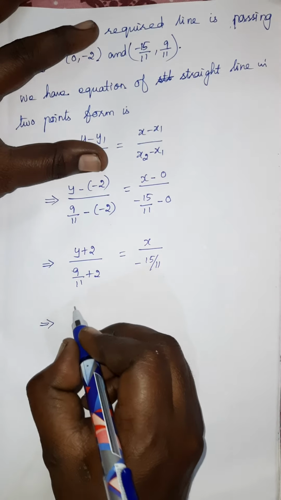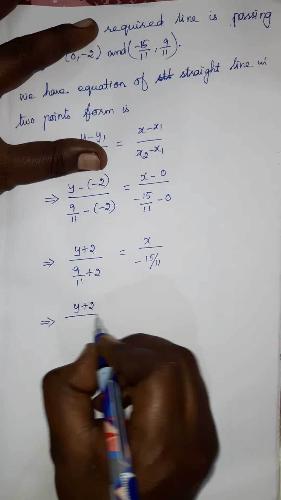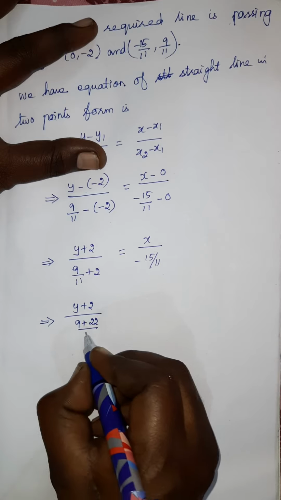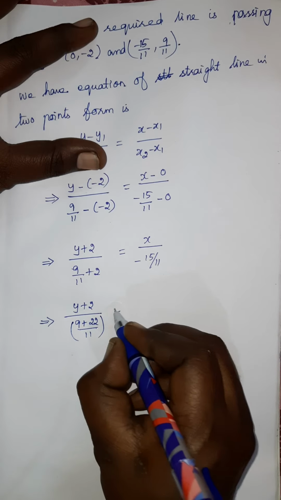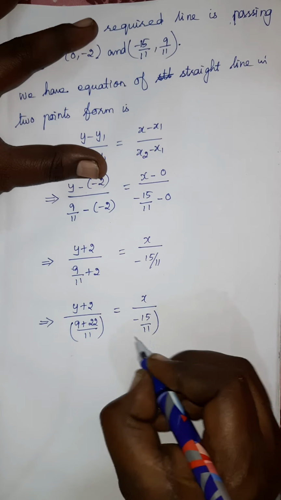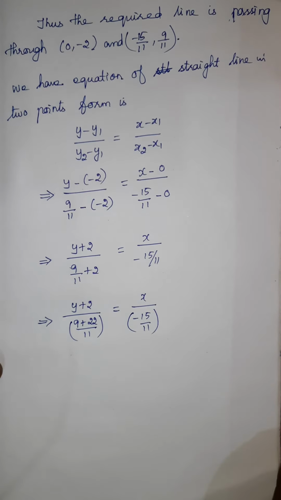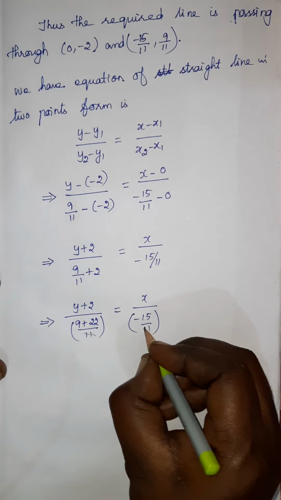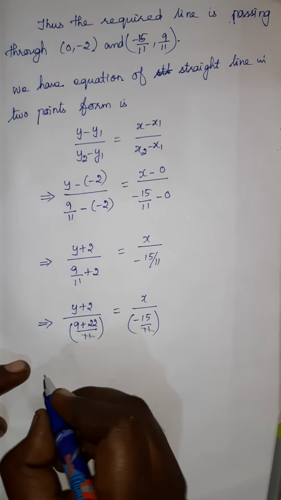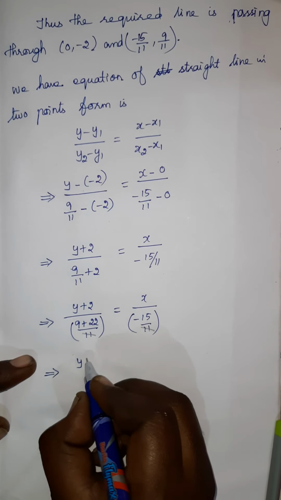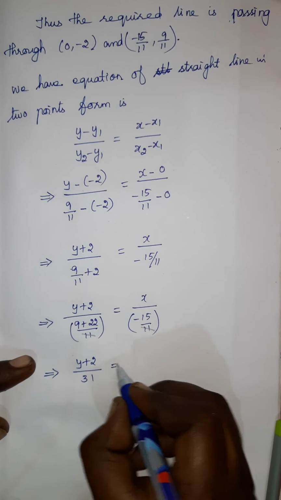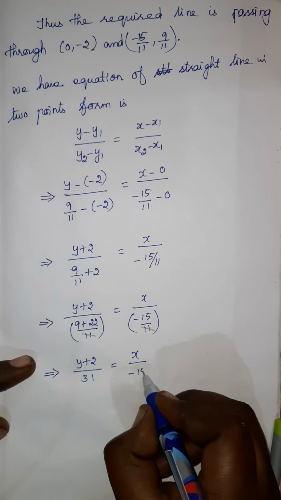So we will get y plus 2 divided by 9 plus 22 divided by 11 equal to x divided by minus 15 by 11. Now these two denominators you can cancel. So we will get y plus 2 divided by 31 equal to x divided by minus 15.